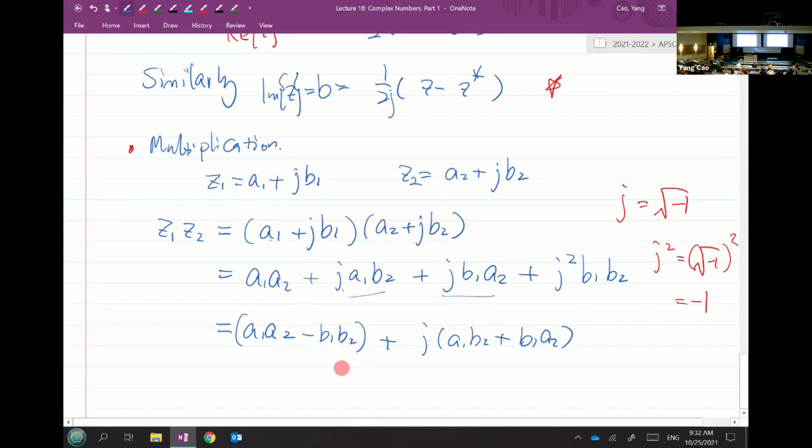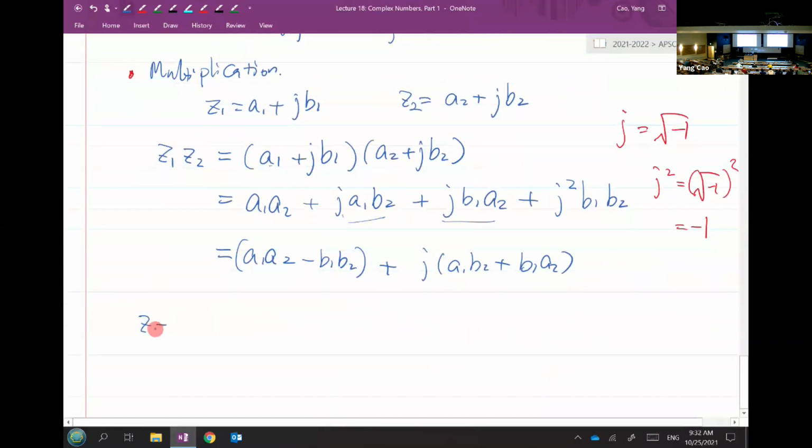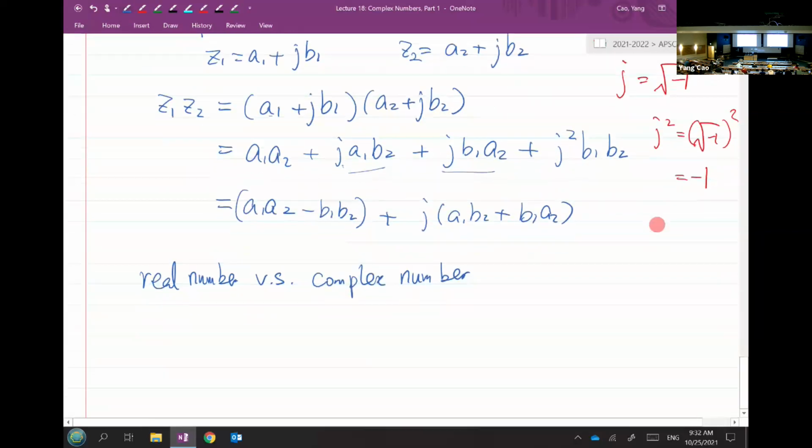So what is the relationship between a complex number and a real number? Let's say you have a z, a complex number a plus jb. If you look at the expression, when b equals 0, this complex number becomes a real number.